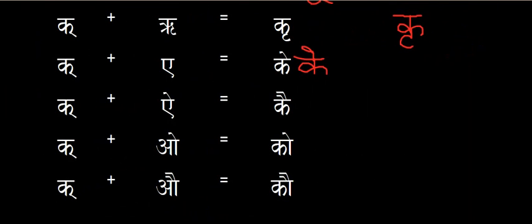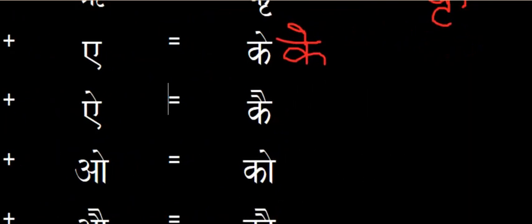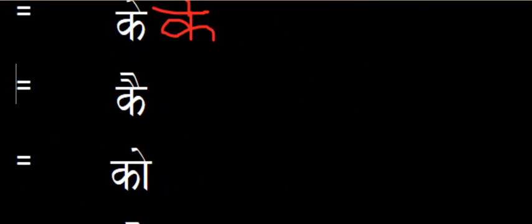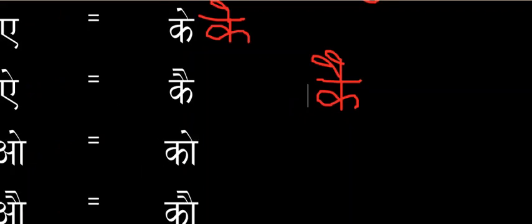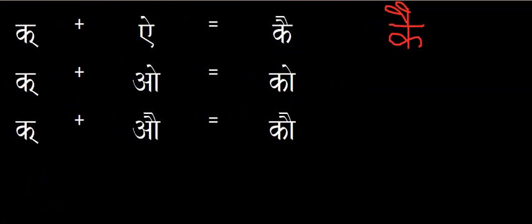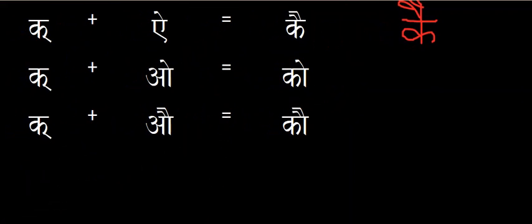So, k plus ai gives you kai. And we're making two loops, kai. Then k plus o gives you ko.